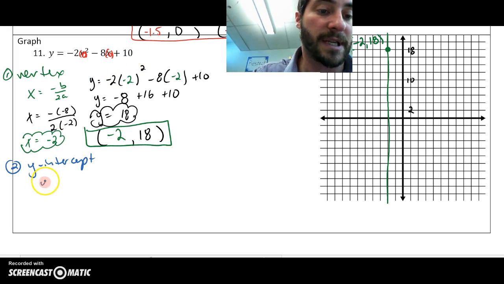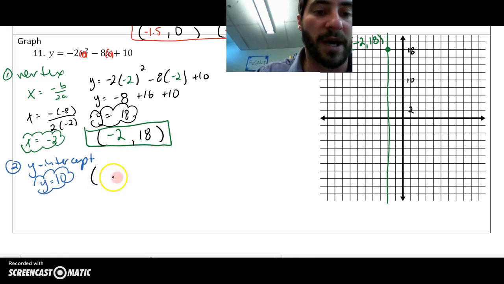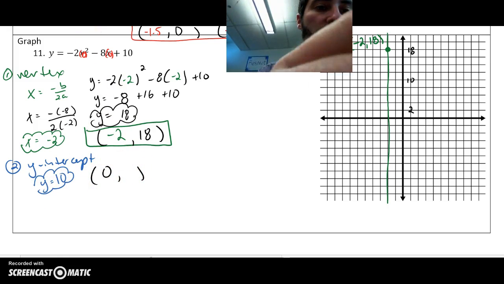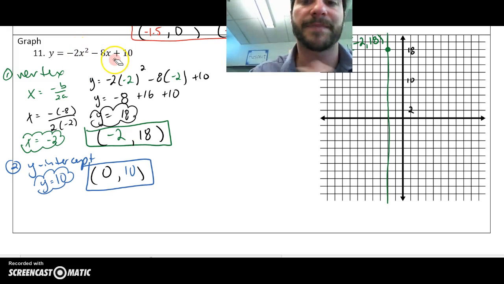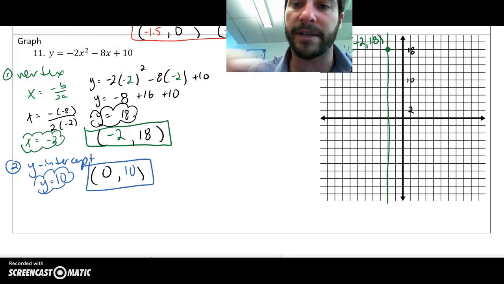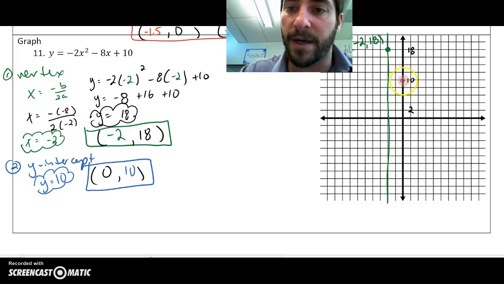Alright, we get that y is 10. It's the same as our c value. So the y-intercept is at 0, 10. Boom. Super easy, right? Alright, let's graph that. 0, 10. 0 and up 10.